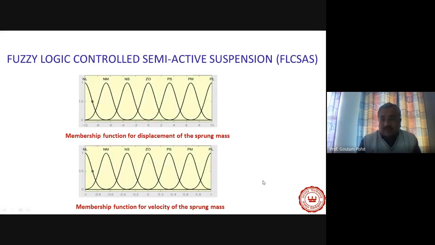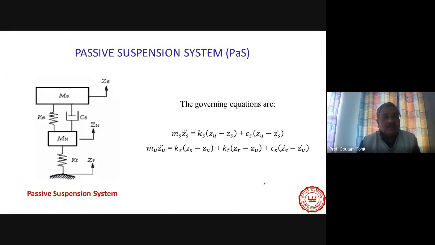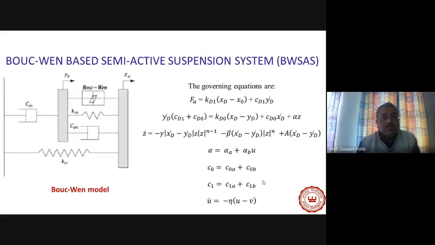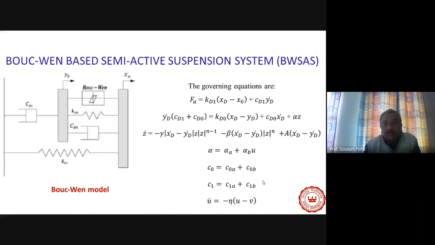And this is one damper we have designed, passive suspension system damper, Bouc-Wen model. And the third one, we have developed a fuzzy logic control semi-active suspension system, where we are changing the properties of these alpha, C0, C1. We are changing so that it can be more effective.